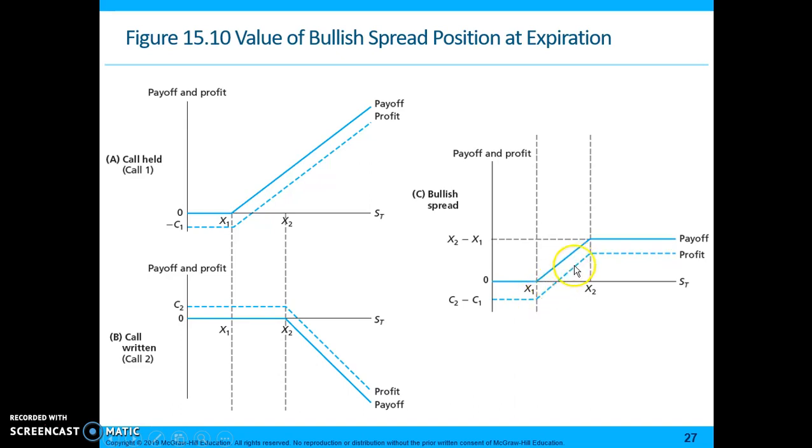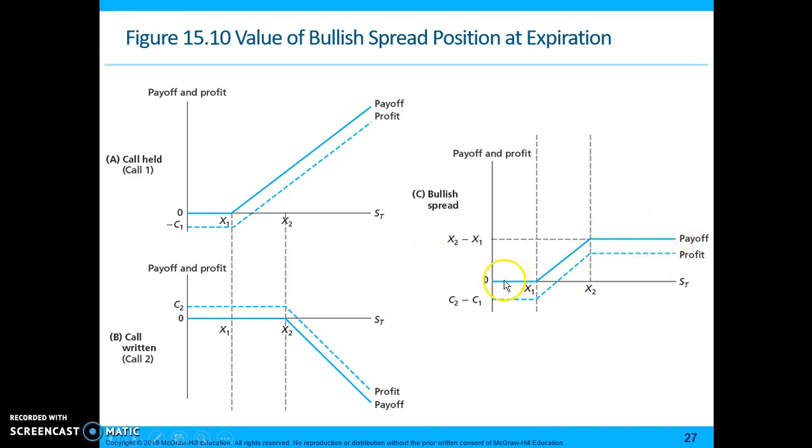So our profit, if the stock price reached the second strike price, would be strike two minus strike one minus the difference in the call premium. What we've done here is we've created an upward bound.